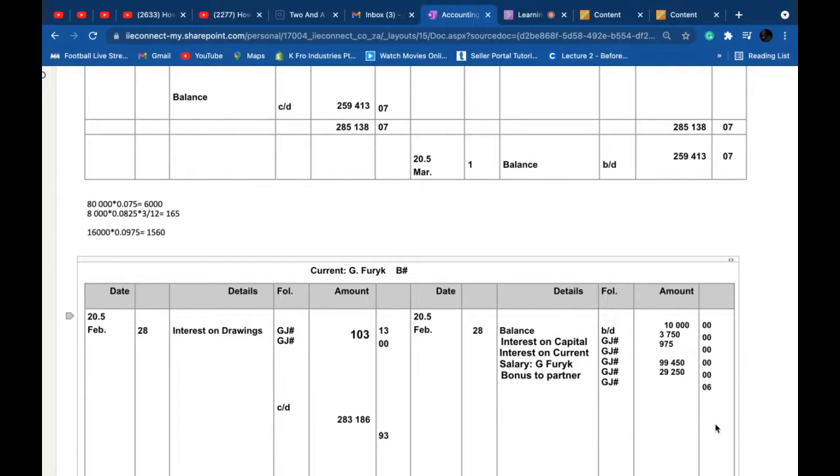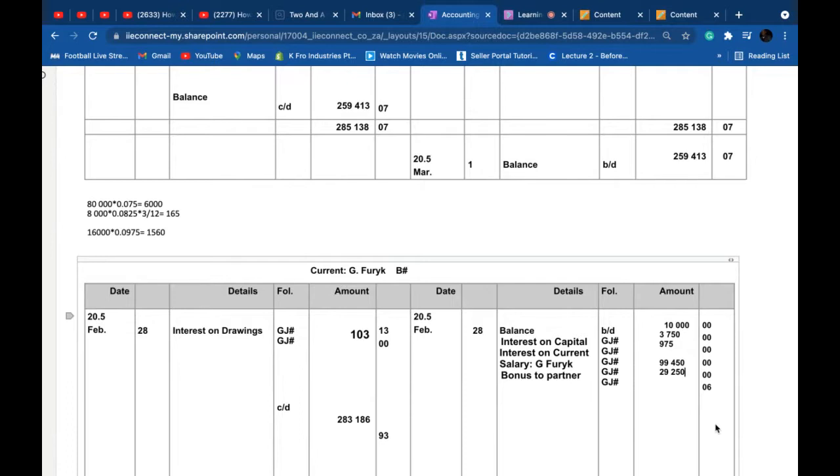What did we do yesterday in 4.3? Yesterday, what did we do with the replacement reserve? Likewise, yesterday they told us that we are transferring 23,400 to the replacement reserve. We debited the appropriation account, right?